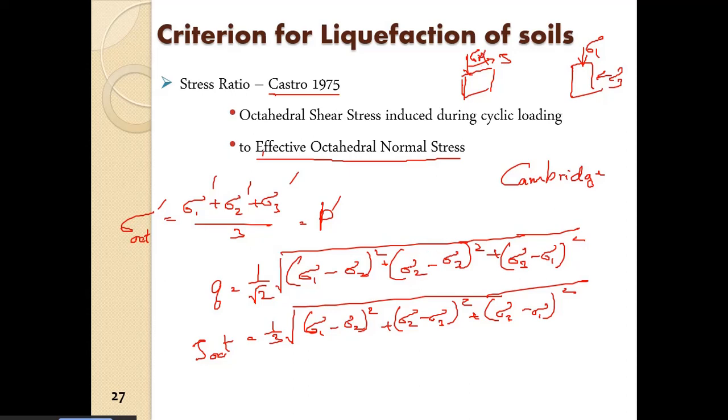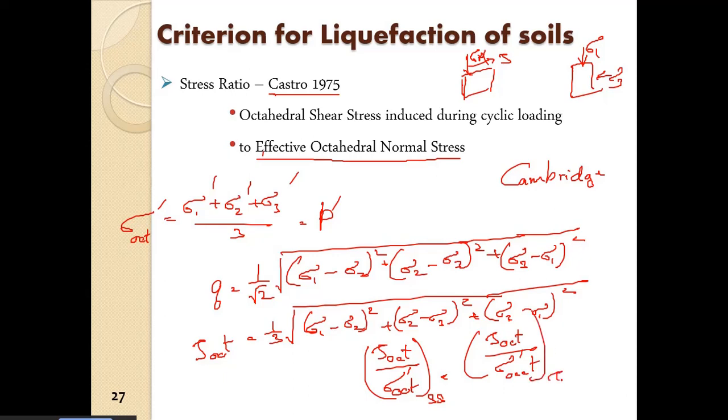He correlated the ratio of the two: tau octahedral by sigma dash octahedral for simple shear is equal to tau octahedral by sigma dash octahedral for the triaxial case.